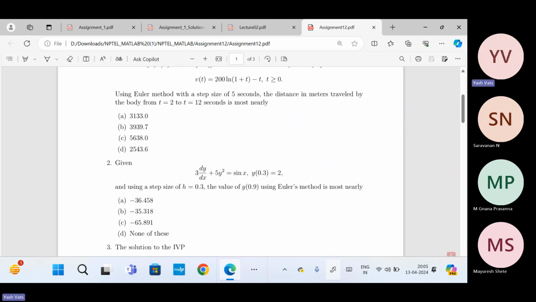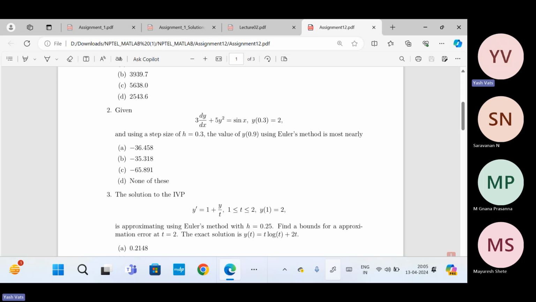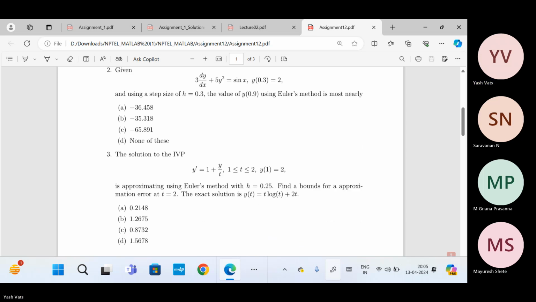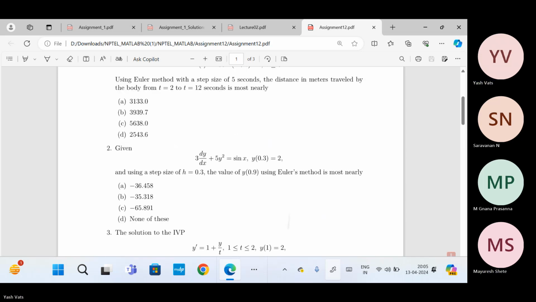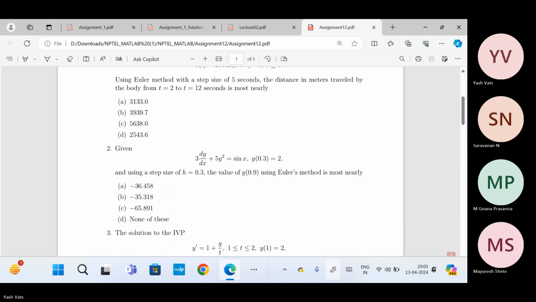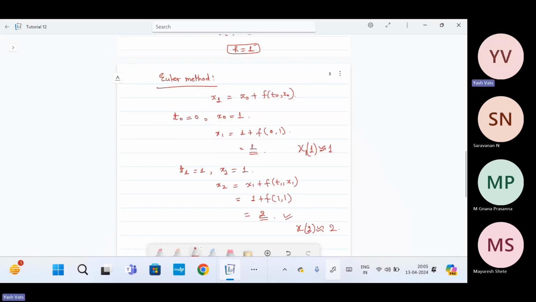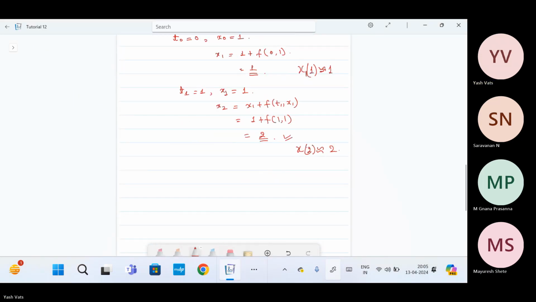Okay, so we can look at another question using that. Given the step size, the value of 5.9 using the Euler method is most nearly what? So we can solve it using the forward Euler method. You know how to solve with the backward Euler method?